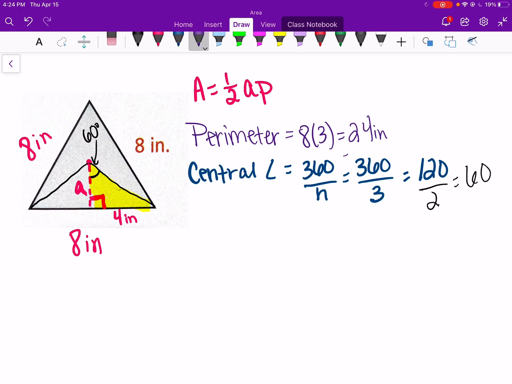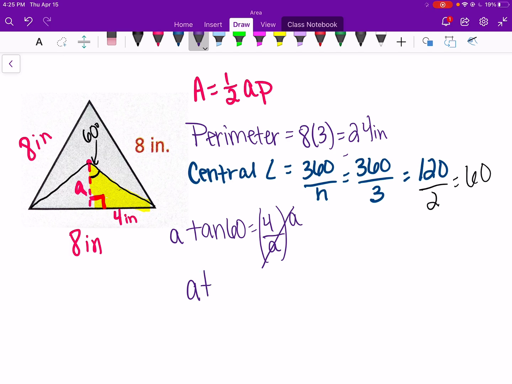So, since we have the opposite side and the adjacent side, we are going to use tangent. Tangent of 60 degrees equals opposite over adjacent. To get A out of the denominator, we need to multiply by A on both sides.